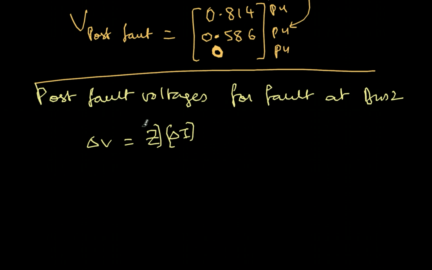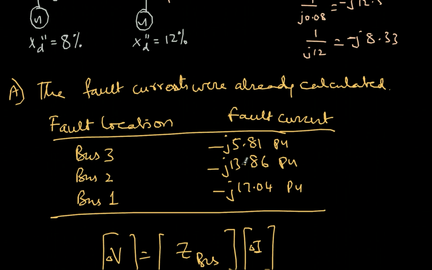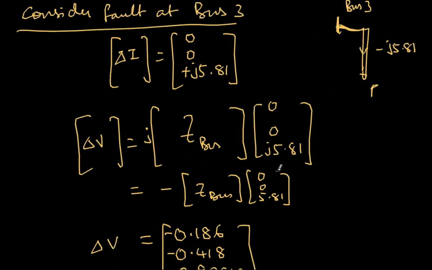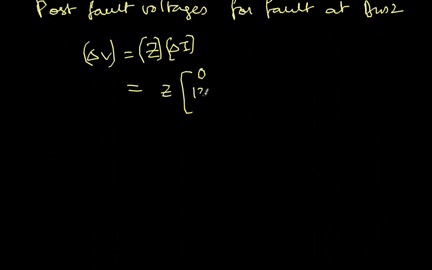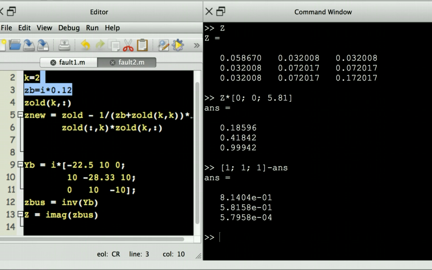So these are all matrices. Delta I is nothing but 0, and what was the fault current at bus 2? 13.86. So I'll just keep 13.86 here. I'm not worried about the magnitude and all. There will be overall one minus that will come.